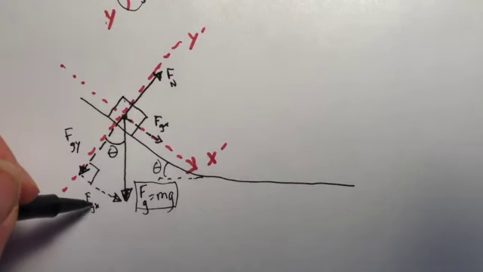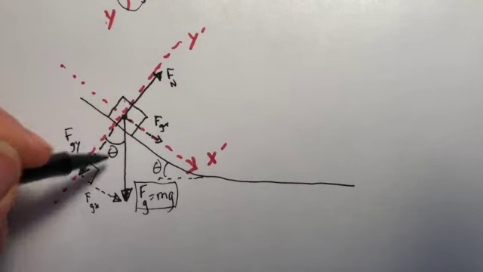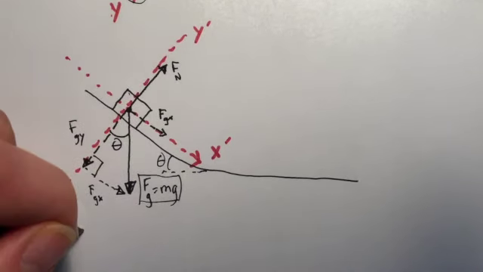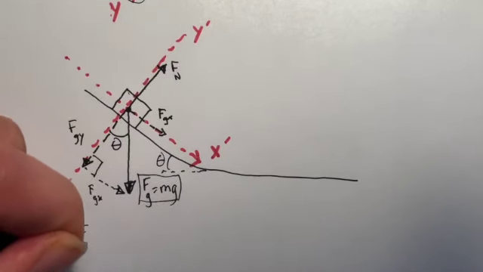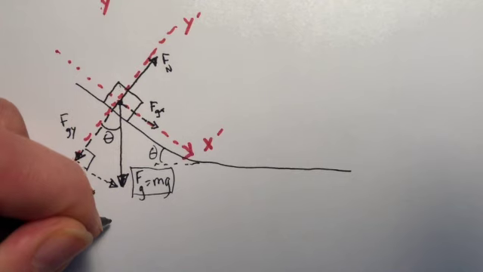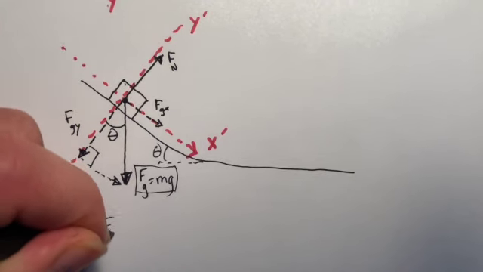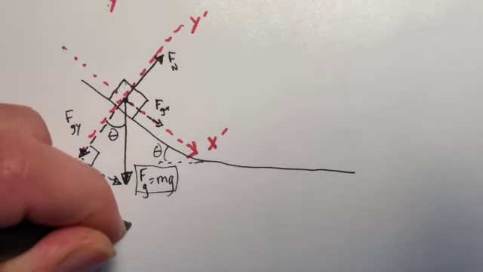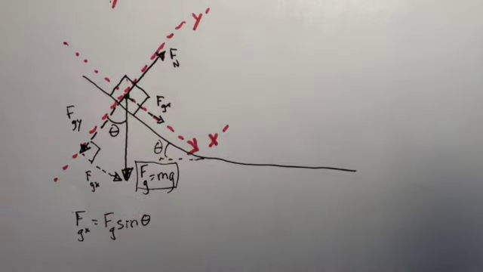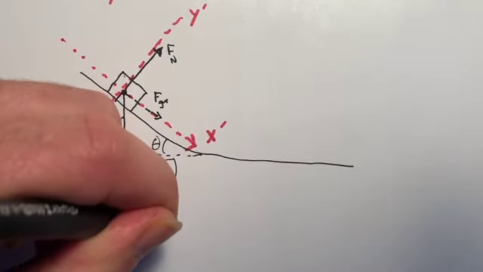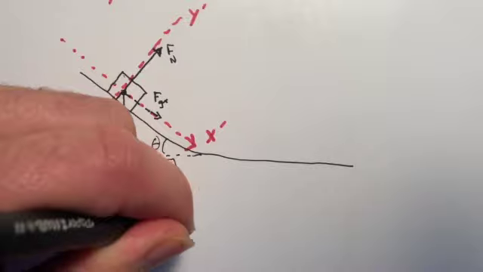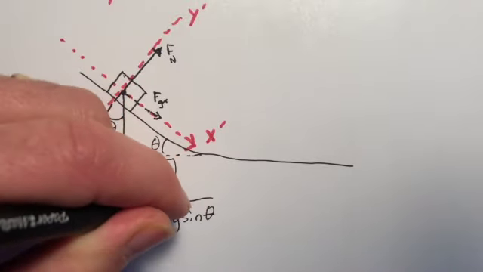So if fgx is the opposite side of that angle, we know that fgx is equal to fg times the sine of theta. In other words, m times g sine theta.